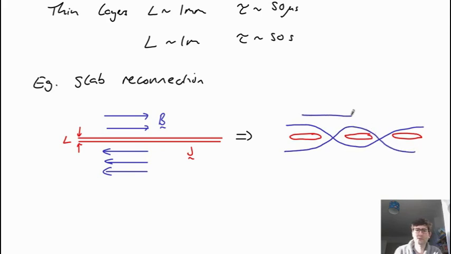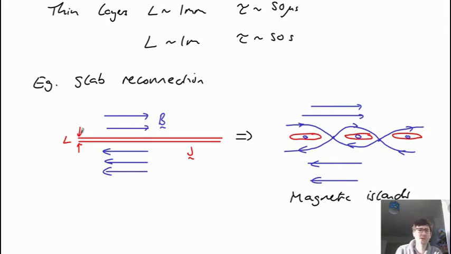So we still have a magnetic field up here going like this, and reversing its sign over here. But now what's happening is that the field is doing this. So we form these X points here and O points in the middle. So you have magnetic fields which form kind of O points here. And these are called magnetic islands.